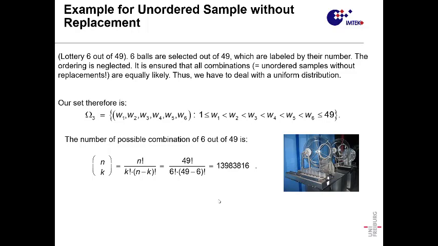So n in our case is 49, and k in our case is 6. This is the total number of combinations that you will have. So you can already see that it's hard to win this, right? Because there are so many possible combinations to draw 6 out of 49, and one of those combinations is yours.